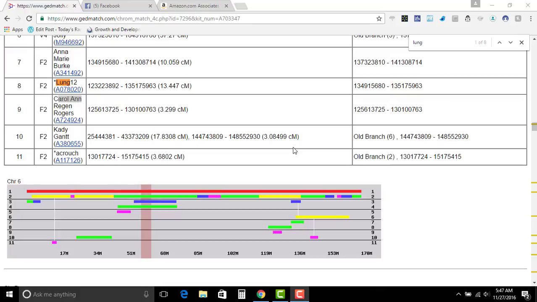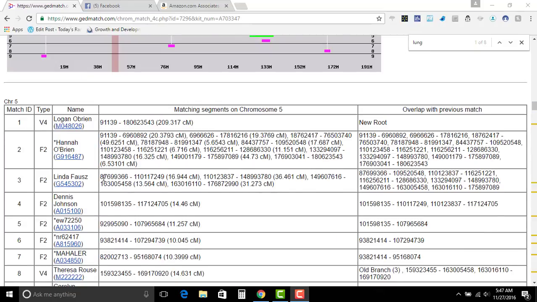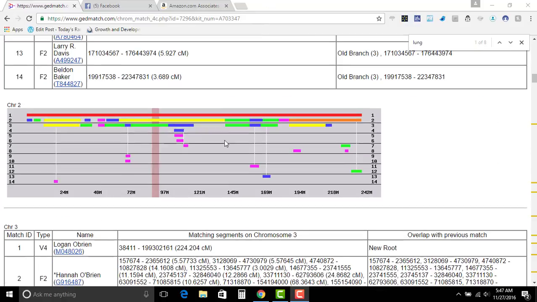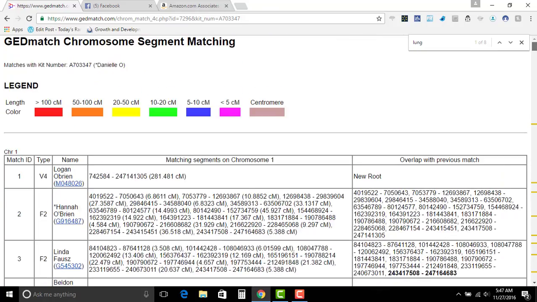Okay, so in the previous video I talked a little bit about the option to look at who matches two kits. The reason I use this is because I can look at kits that match myself and the Long person.